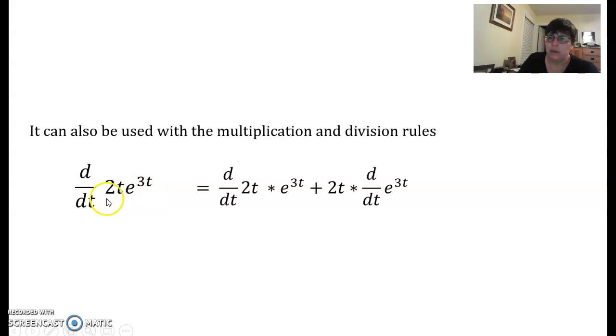So we're not trying to spell a word. So the derivative of 2t is just going to be 2, and then this exponential function stays the same. The 2t stays the same for the second piece. Then the derivative of e to the 3t is e to the 3t times 3. So, there you go, exponential functions.